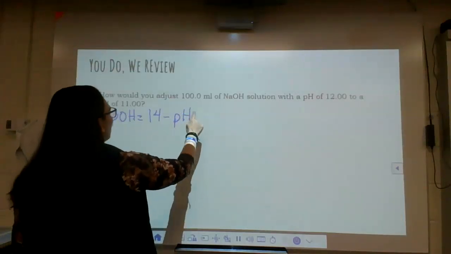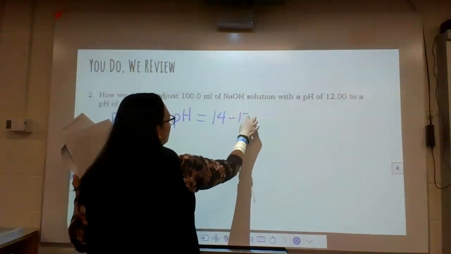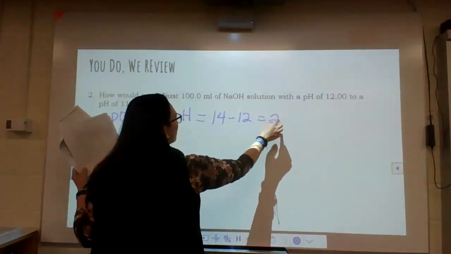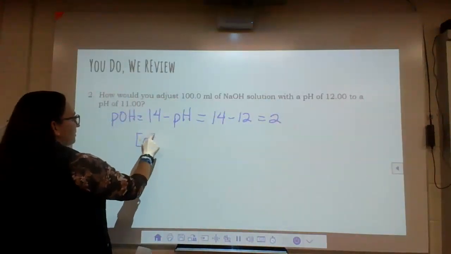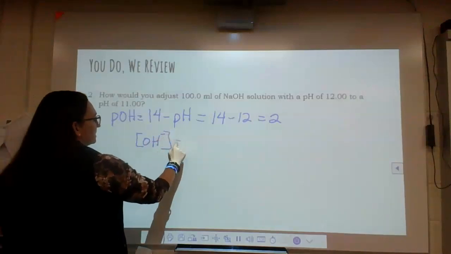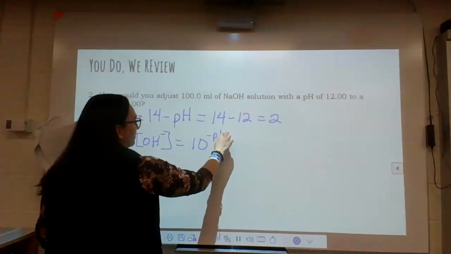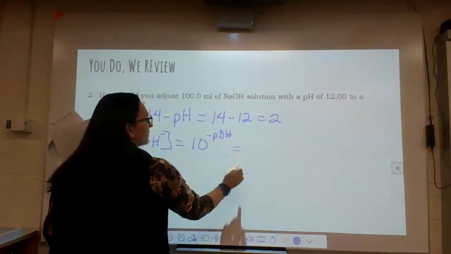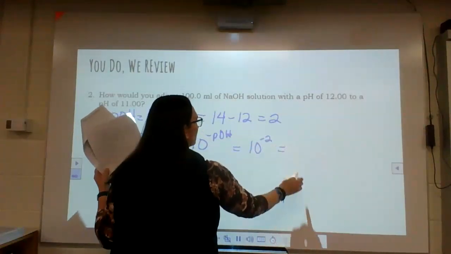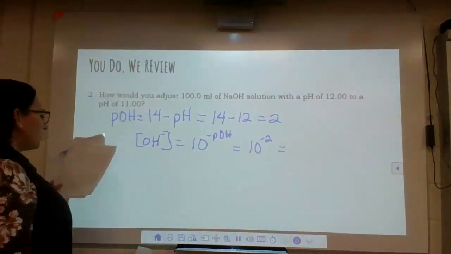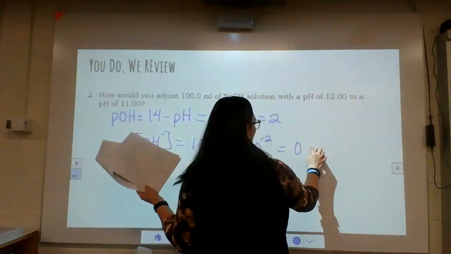So this is equal to 14 minus 12, so that's 2. And then the concentration of the hydroxide ion is equal to 10 to the minus pOH. So that'll be 10 to the negative 2. So my old solution has a molarity of 0.01 molar.